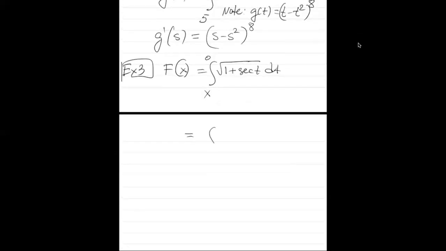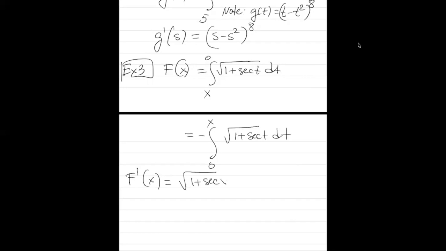Switching the boundaries to go from 0 to x means we have a negative sign on the front. We had that earlier in sections 4.1 and 4.2. Everything else stays the same. Now the derivative of big F is the integrand, in terms of x, the square root of 1 plus secant x, with the negative sign on the front. So it is pretty simple.